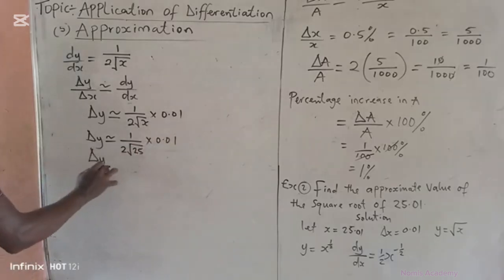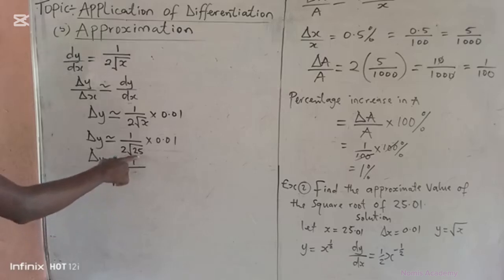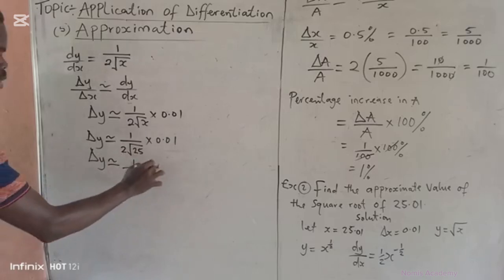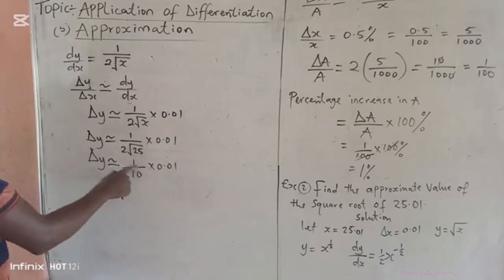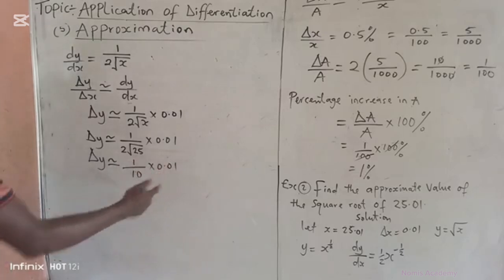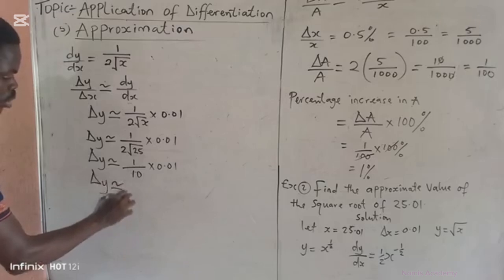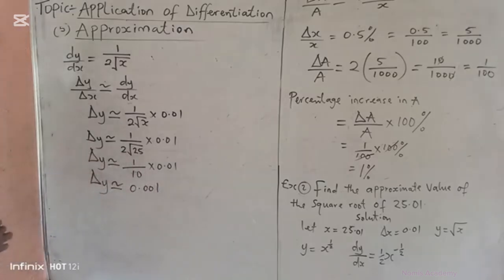That is 1 all over the square root of 25, which is 5, 5 times 2 is 10, times 0.01. When you check the value of this with your calculator, delta y is approximately equal to 0.001. Now this is the increment in y.